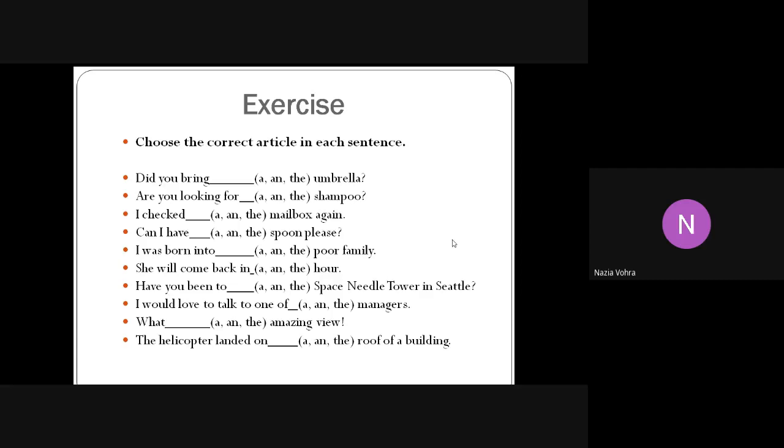Please do these blanks on your own, and then we discuss. I hope you guys are doing these blanks.